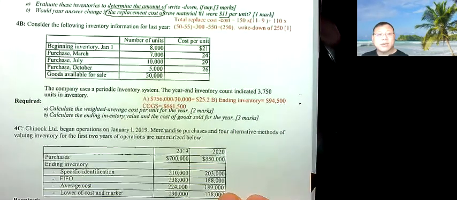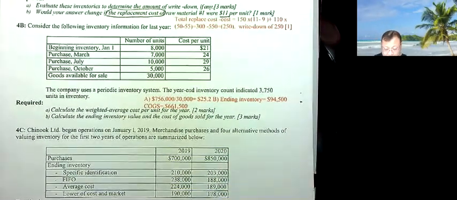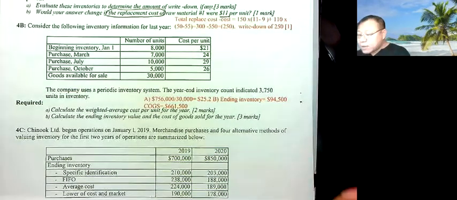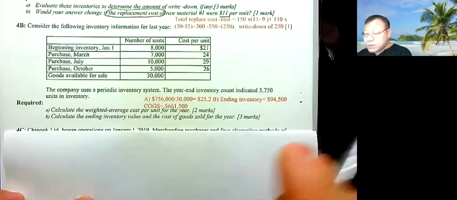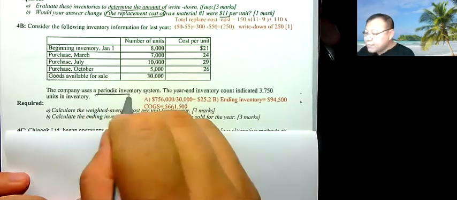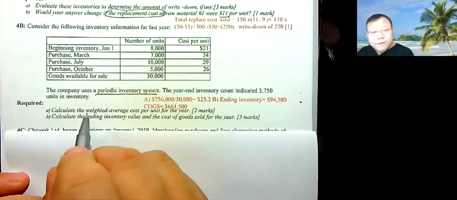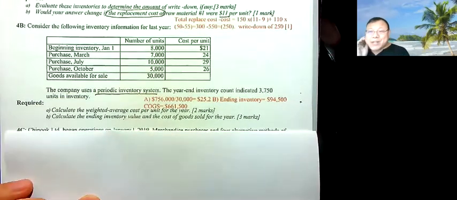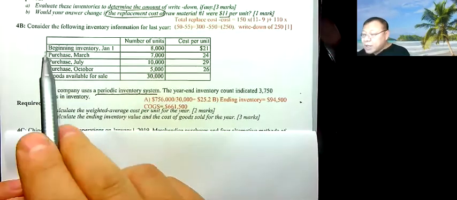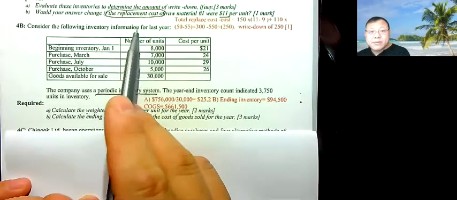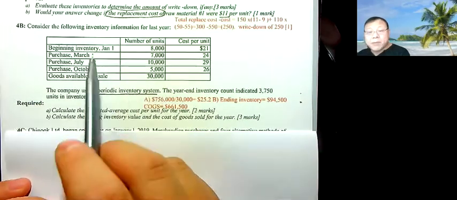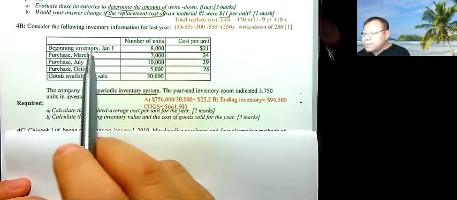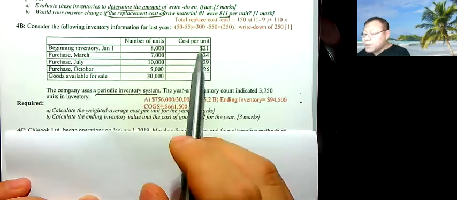Now let's take a look at the second. The second one should be pretty easy, right? This one you have known from even your introductory financial accounting. Okay, sorry, I haven't read the question yet. So basically you are provided with inventory information from last year, beginning, the number of units and cost.